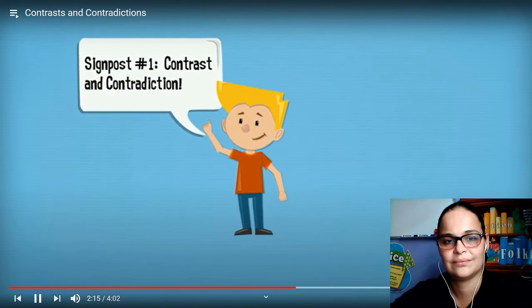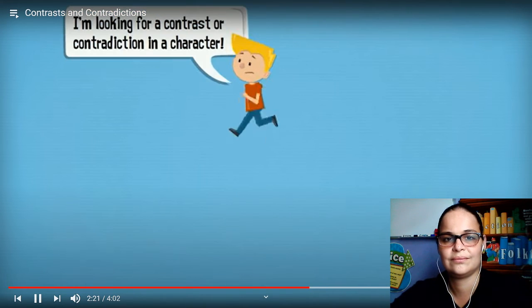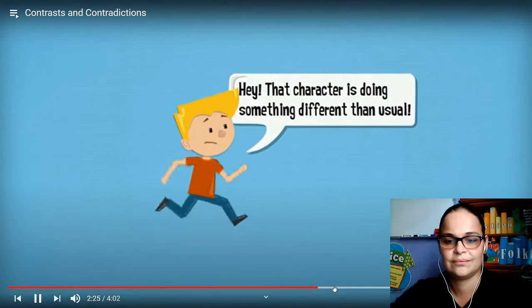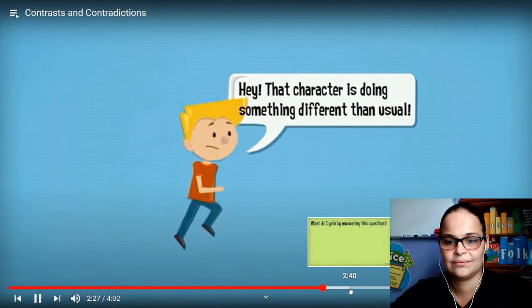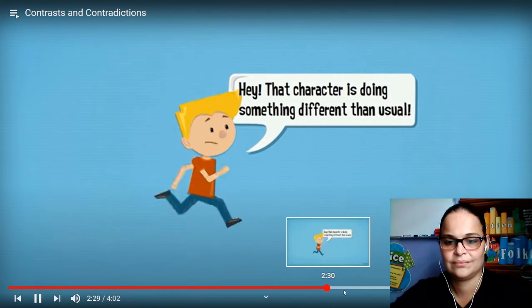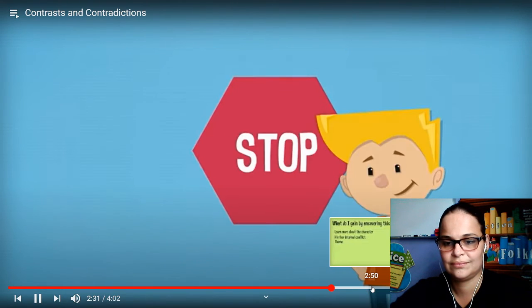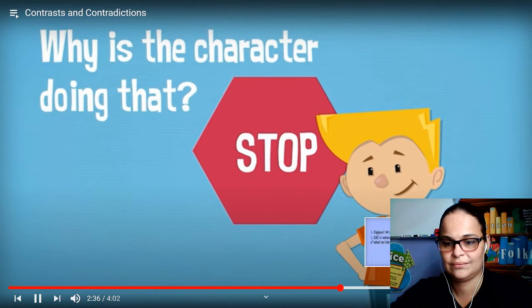Now that we know our first notice and note signpost, we are going to be on the lookout for it as we read. When we notice that there is a contrast or contradiction with how a character has been acting or how I expect the character to act, we are going to stop and ask ourselves the anchor question, why is the character doing that?